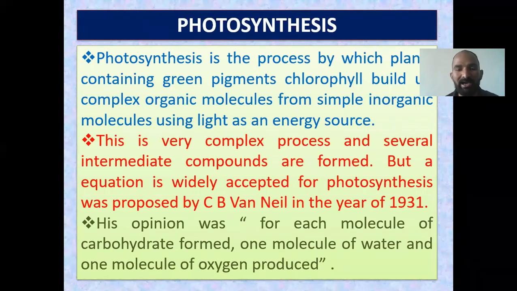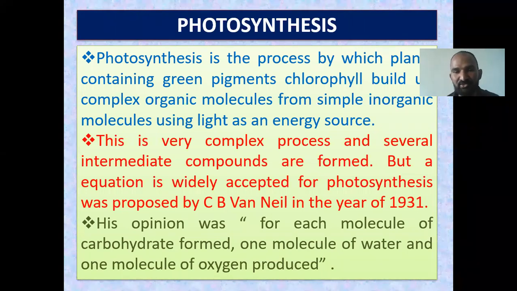According to his opinion, for each molecule of carbohydrate formed, one molecule of water is also formed, and one molecule of oxygen is produced in the process of photosynthesis. This opinion was given by C.B.